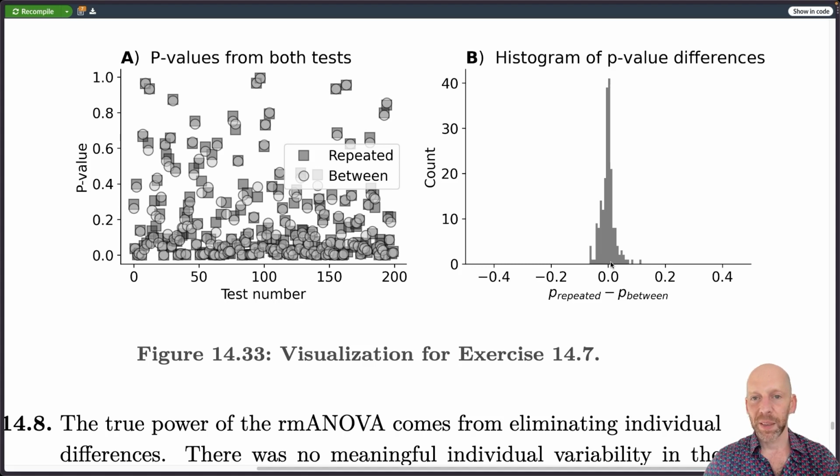And what you see is that the differences are centered at 0 and they are not really strongly biased, right? So it's not like doing one type of ANOVA over a different type always gives you smaller p-values or always gives you larger p-values. It's an unbiased variability, and it's also quite a small variability.